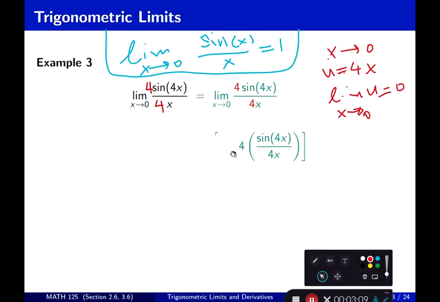First, you take the 4 outside the fraction, because then you have the expression that you want and you have the 4. Then you take the 4 outside the limit, because it's a constant multiplier, and therefore you can go out of the limit. And so you end up with 4 times the limit as z approaches 0, where z is equal to 4x, of sine of z over z.